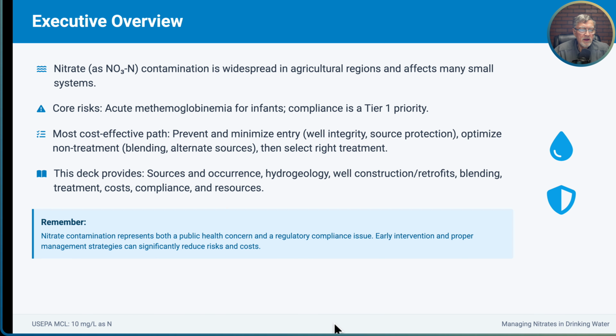So our executive summary here is basically: nitrate is NO3 minus. We measure it as nitrate as N. That contamination is widespread in agricultural areas and affects many small systems.